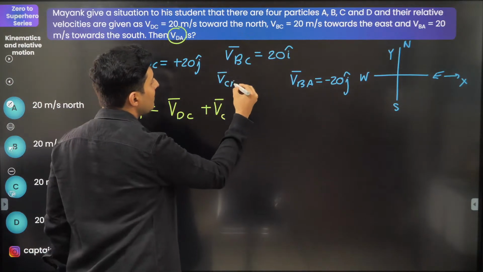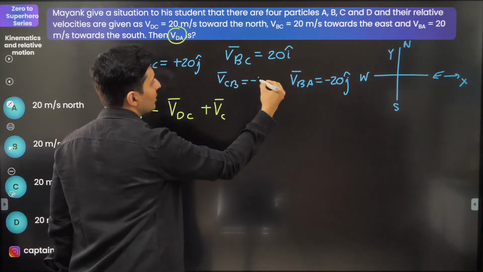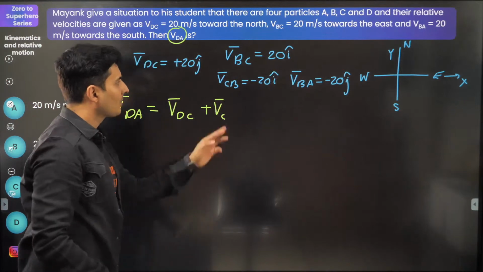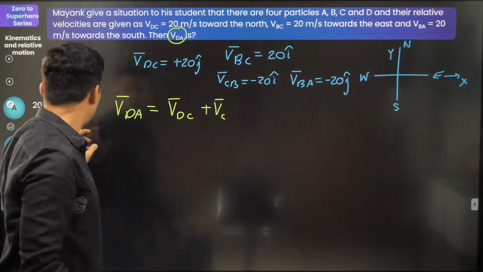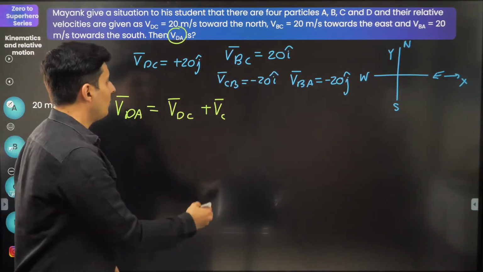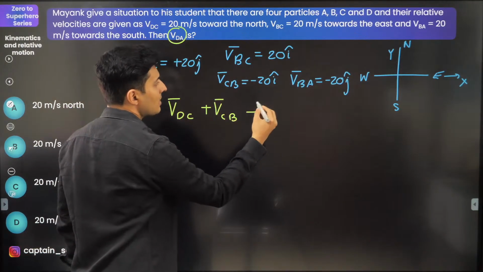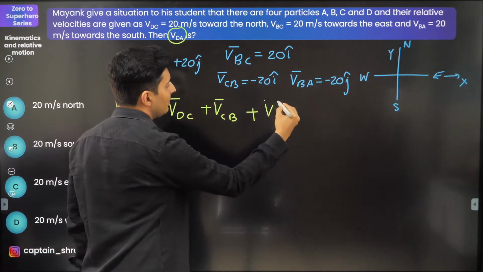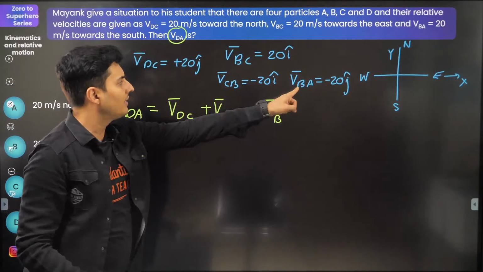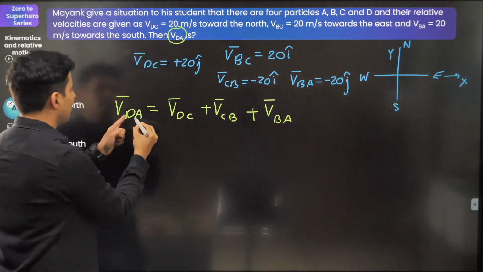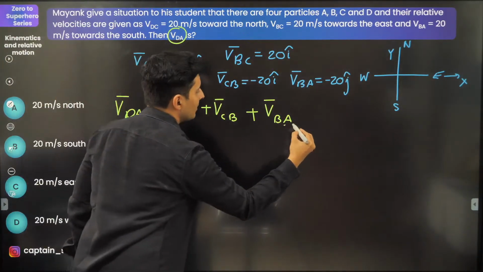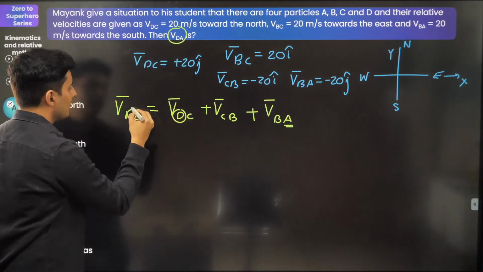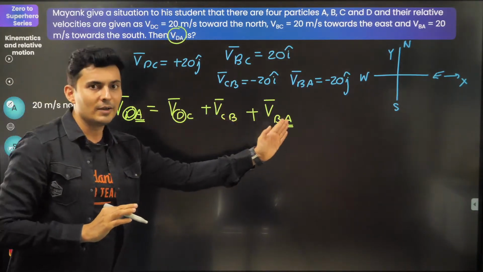So VCB will be negative of this, so it will be minus 20 i cap. It is exactly opposite but same in magnitude. So how about putting this CB over here? Plus, since I ended with B, start with B and it ends with A, which is our final alphabet here. This is A, this is A, this is D, this is D. That's it. That's how you need to go in order.